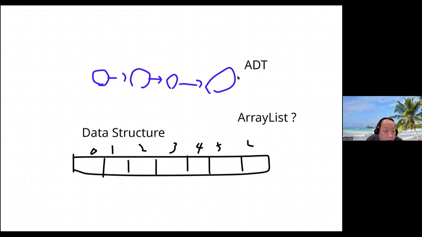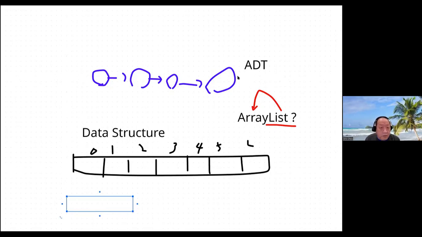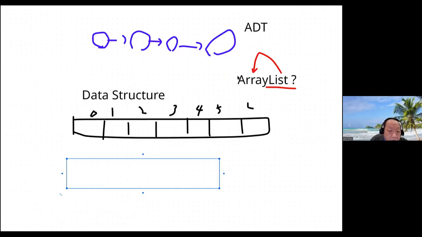So basically you use array to make an array list. Now we call it array list.